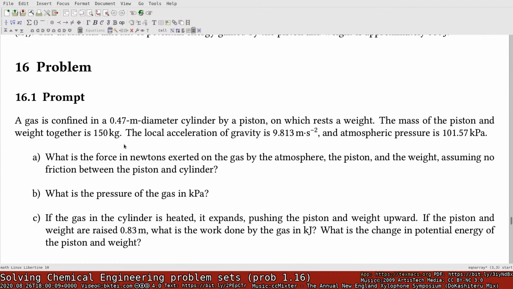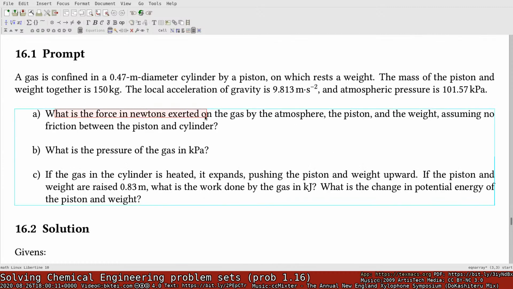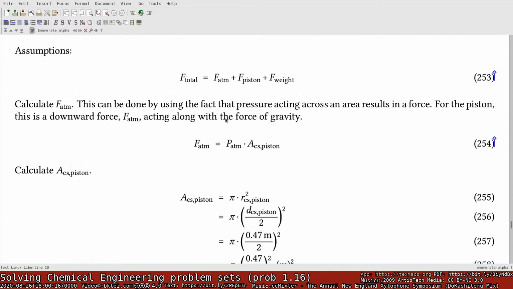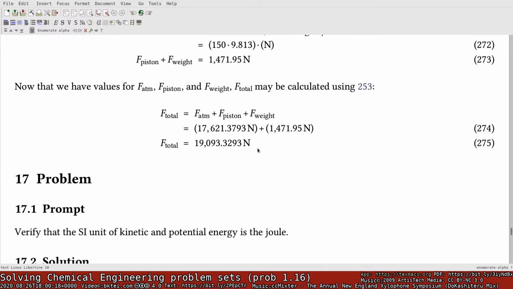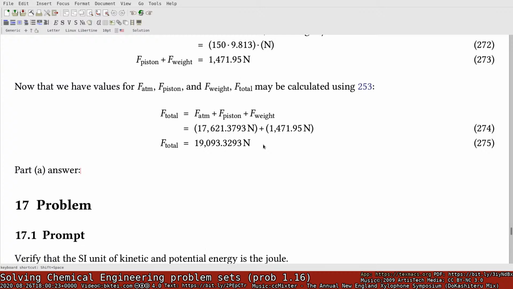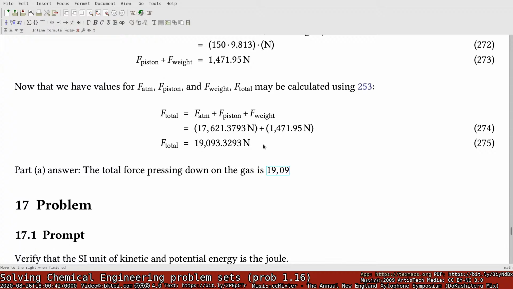Okay, so do we get part number A? What is the force in newtons exerted on the gas of atmosphere? Yep, that is it. So answer of part A. The total force pressing down on the gas is, and I'll just write it out, 19,093.